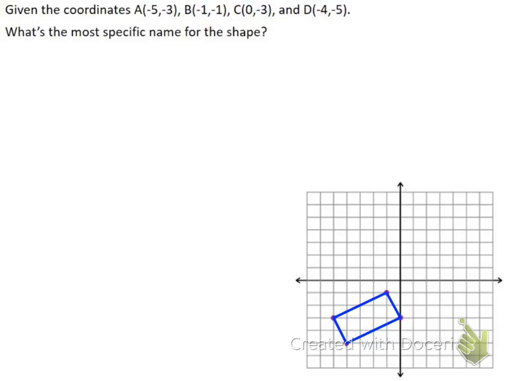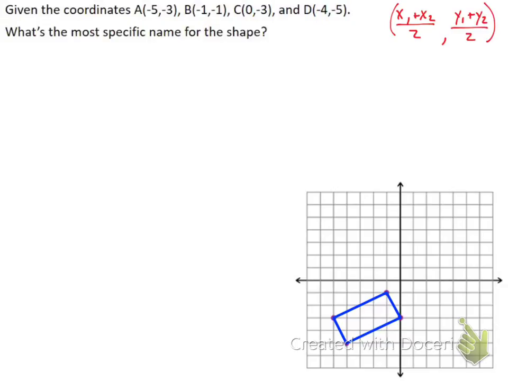So when I do this, the first thing I'm going to do is find the midpoints. I should have written this up in the last slide. The midpoint is just: add your x's together, so x1 plus x2 divided by 2, is the x coordinate of my midpoint, and then y1 plus y2 divided by 2.